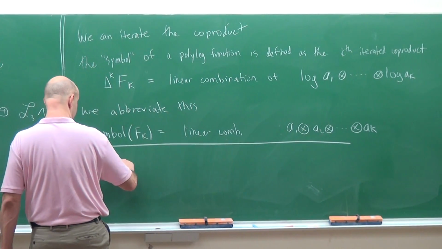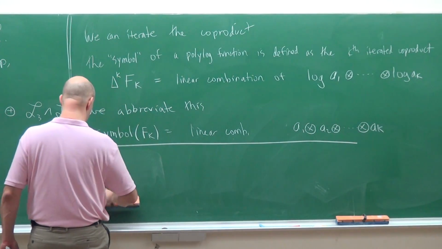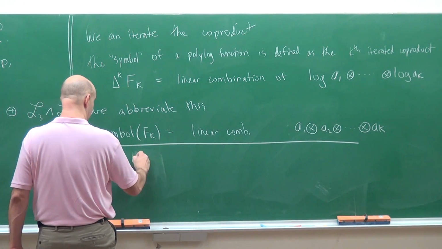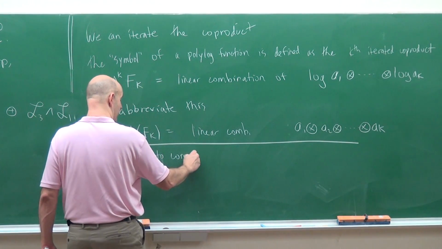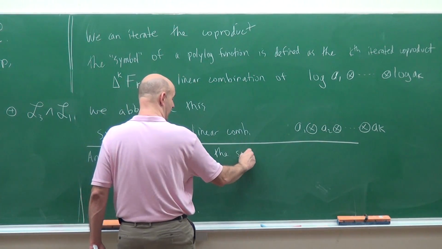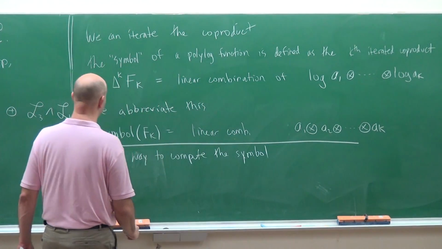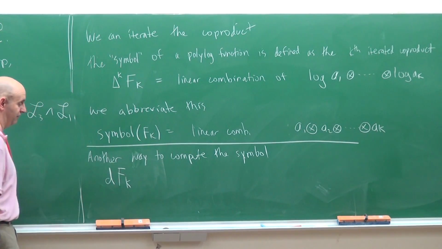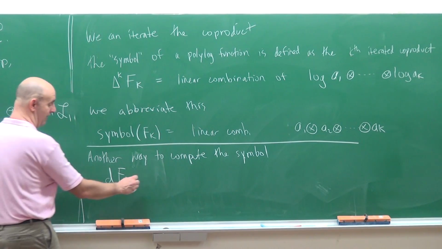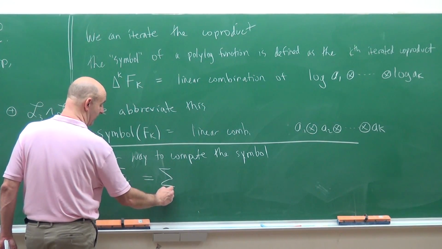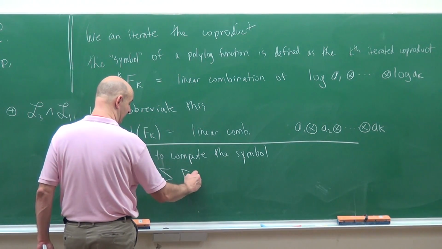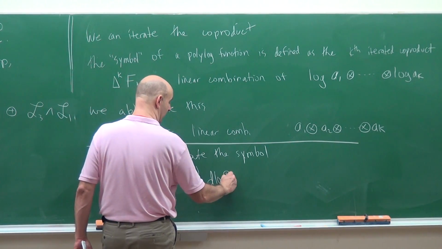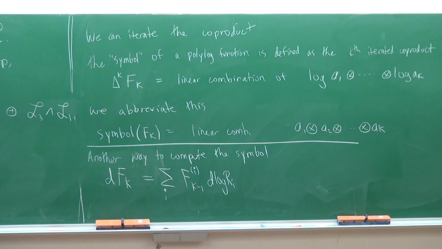The symbol, well, another way to compute the symbol, and this is maybe easier in practice, is the following. If you have a function of weight k, then it has the property, and this also ties in with the first part of my talk, that it can be written as a linear combination of functions of weight k minus 1, d log of certain rational functions Ri.